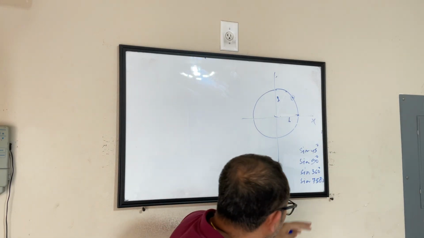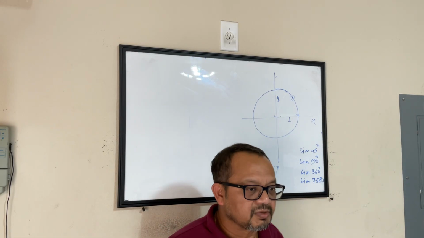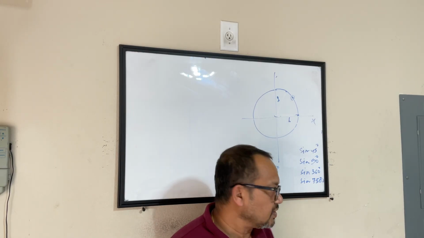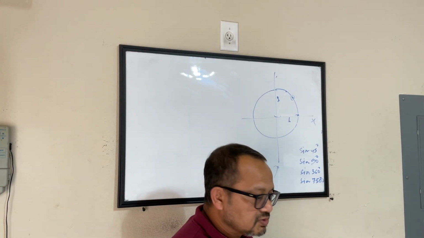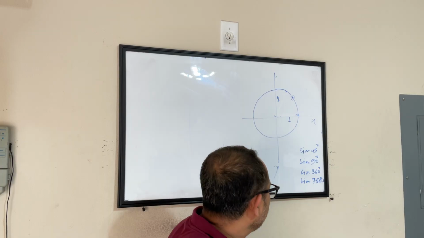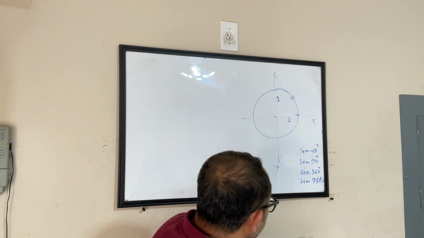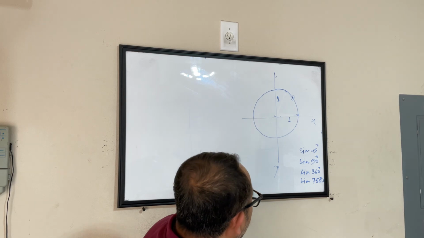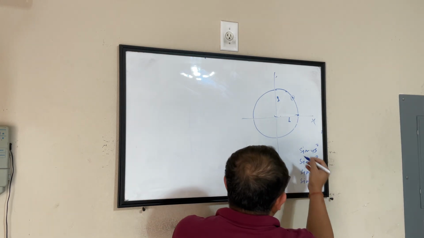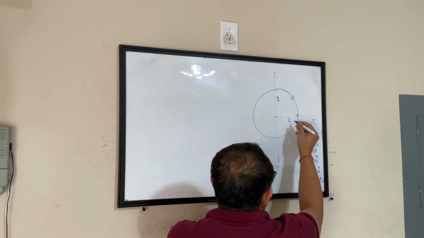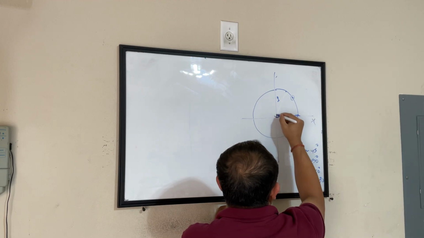It will be very difficult for anybody to remember all these angles. However, for some of the commonly used angles, we'll be able to find it out. Now, let's look at how do we get that. Now, if you're talking about 90 degree, we're talking about from here to here, it's 90 degree.